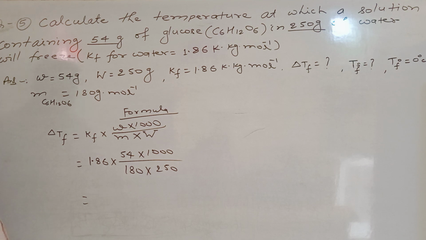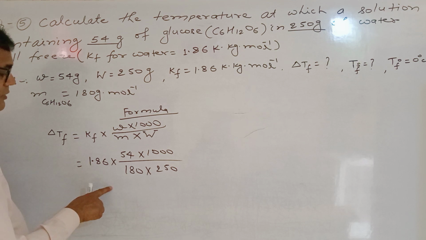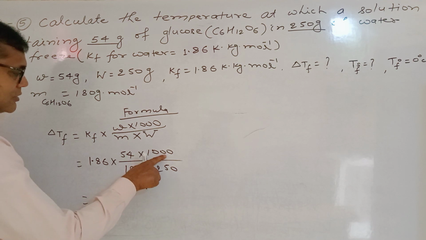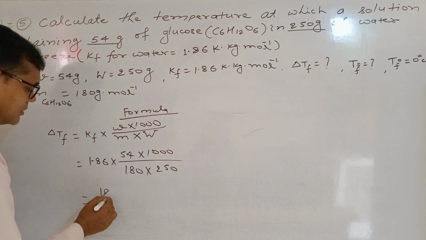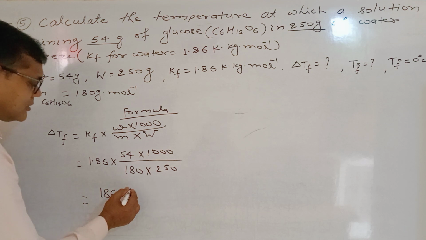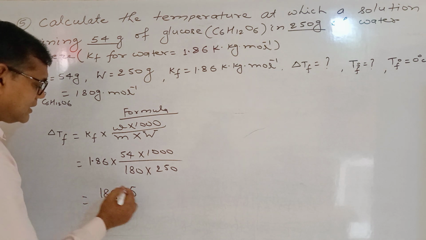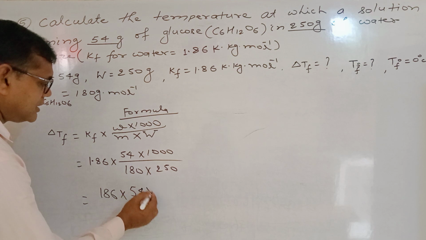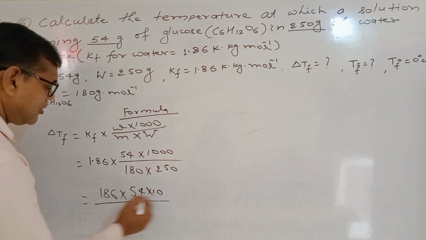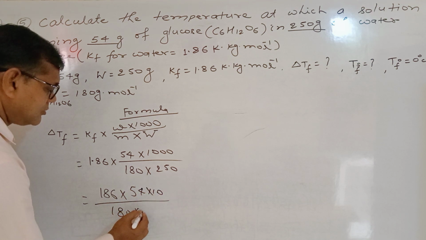We remove the decimal point, and 20 cut out. The digits we write: 186 into 54 into 10 upon 180 into 250.